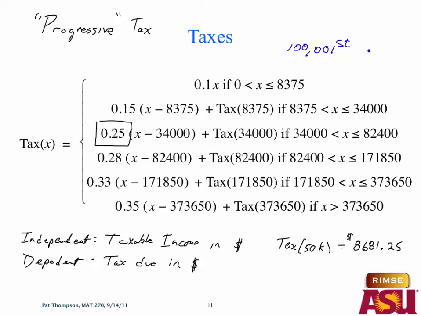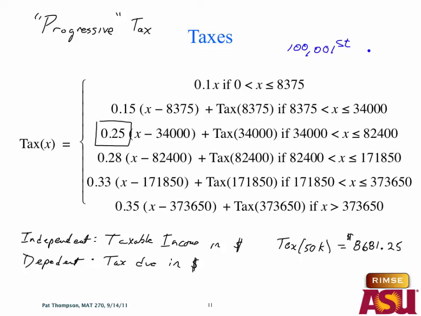For every change in X past that left X, your change in tax is 0.25 times that amount of change. That's right.